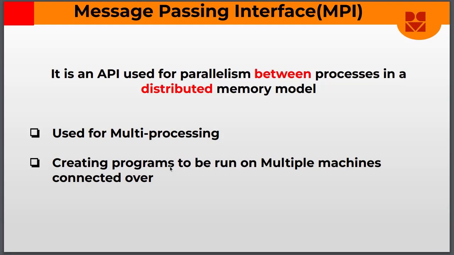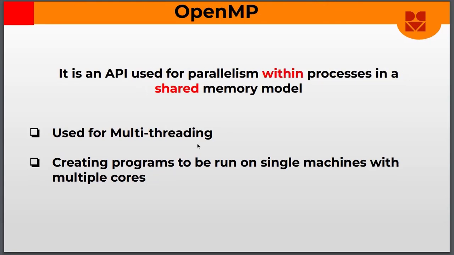Now when we come to the OpenMP API, this is used for parallelism within a processor or a process in a shared memory model. Which means that this time around, this is used for multi-threading, right? So we focus more on parallelizing processes in just a shared memory model.